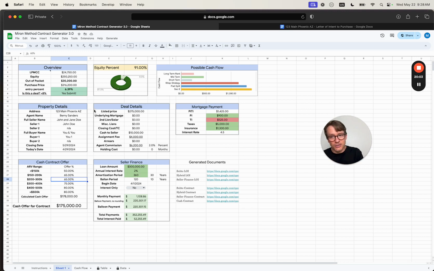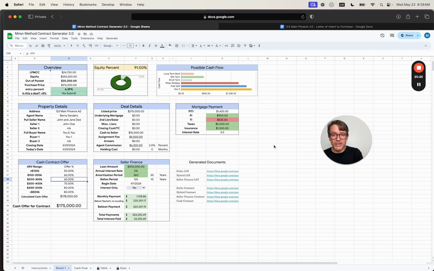I sell this tool. It's a contract generator. Send me the contracts that you want generated, I'll put them into your tool here, and then you'll have what you need, right? Okay, cool.